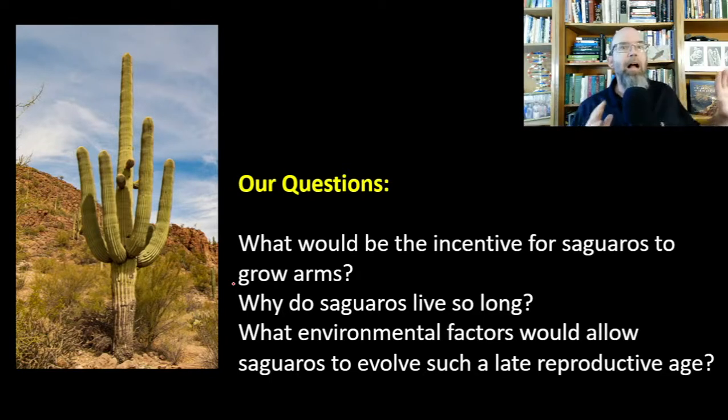The complete opposite life history pattern would be to put a lot of energy into producing an adult plant that has a structure that can survive for a long period of time. So think of a large oak tree.